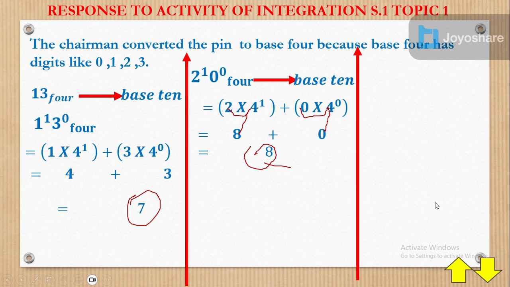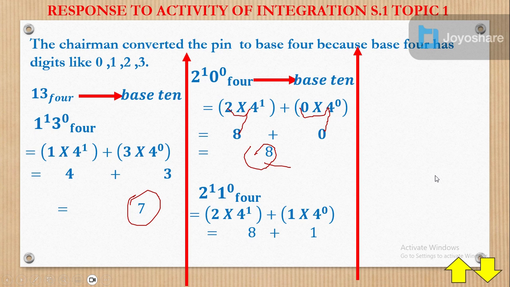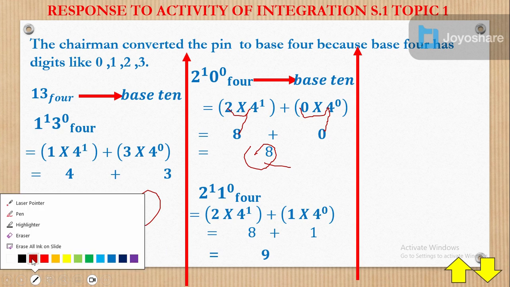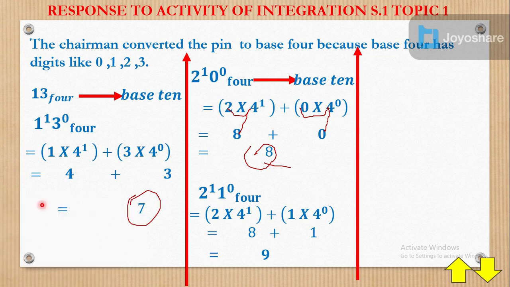Continuing. So we are now getting another digit. Remember there were 4 digits. So far I have 2. Now this one, 2, 1, also gives us a digit. We'll repeat the process. So we carry out the multiplications, and we get the third digit. I already explained that, so in the same way we do this: we multiply this 2 times 4 power 1, and 1 times 4 power 0.